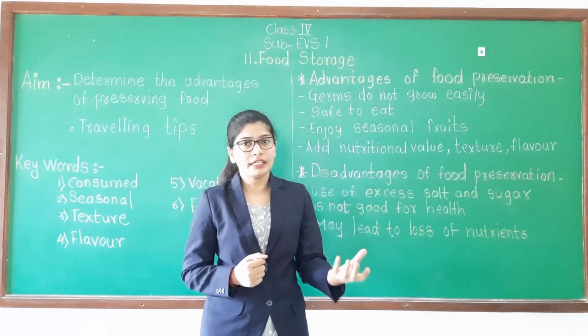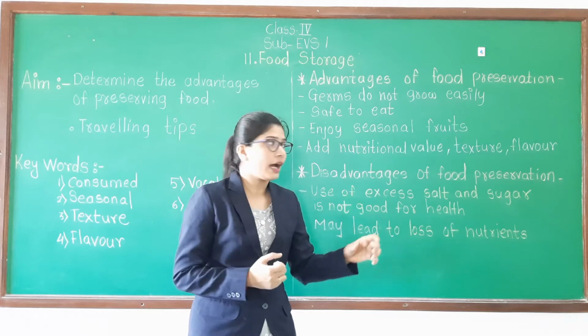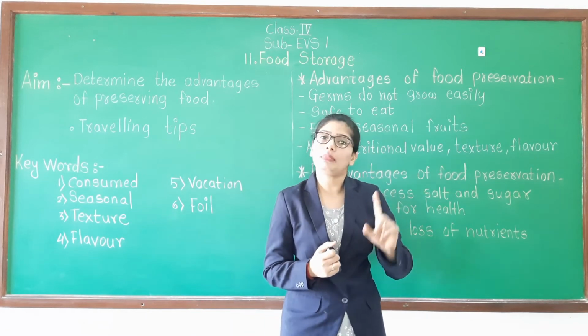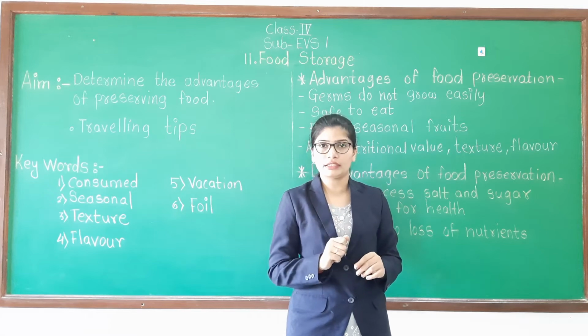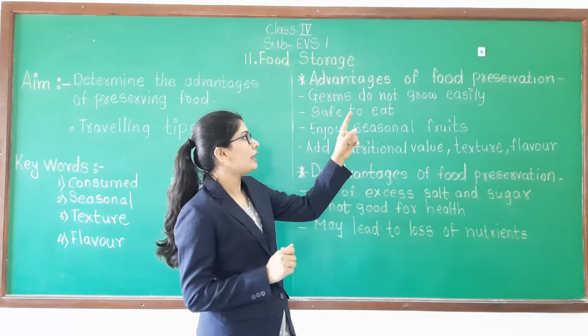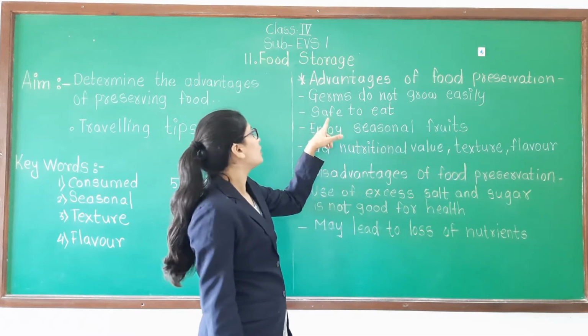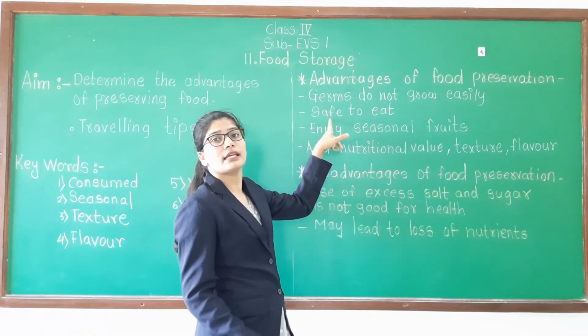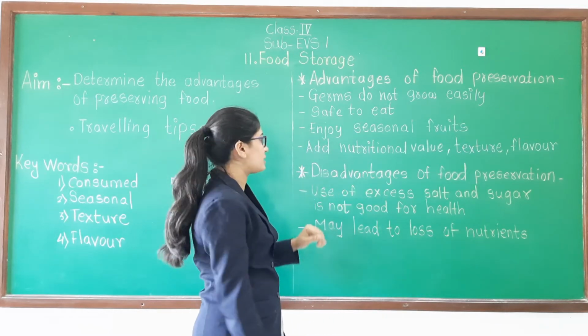So we are eating the safe one, that means the fresh apple. Why? Because we are keeping that apple in the refrigerator. So that is also a preservative method. Means when we are using the food preservation method, that makes the food safe to eat. Understood the second point? Yes.